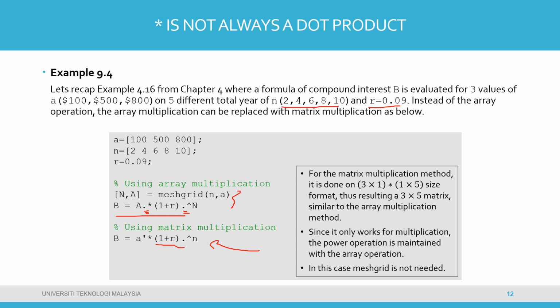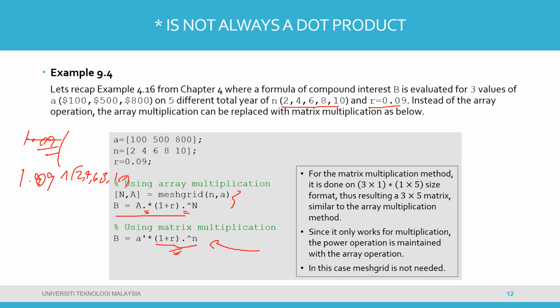So if you look at this, 1 plus 0.09 is 1.09. Let me use the pen. For this case only, look at this. 1.09, not multiply, power of, sorry, 1.09 power of 2, 4, 6, 8, 10.